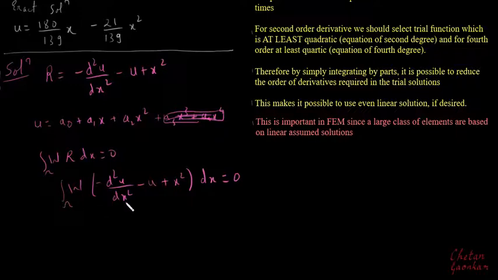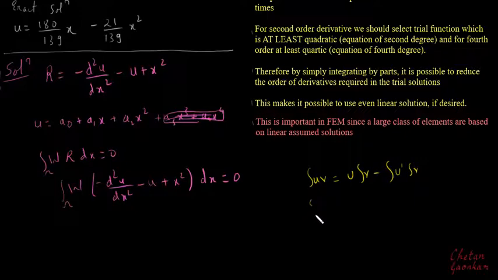If I carry out the integration by parts, it will reduce the order of this derivative. For this, we know that the integral of u into v is equal to u times the integral of v minus the integral of the derivative of u times the integral of v. This is the formula for integration by parts.